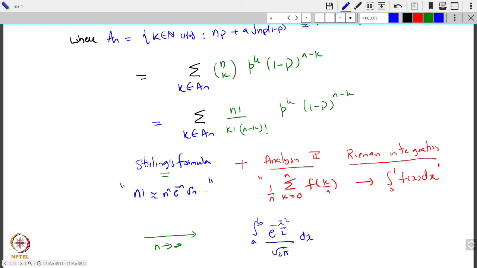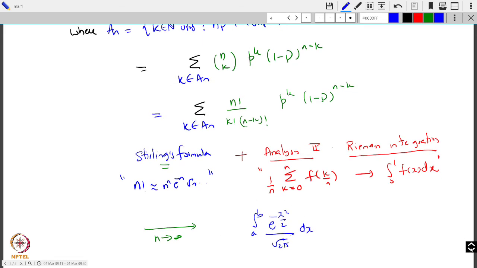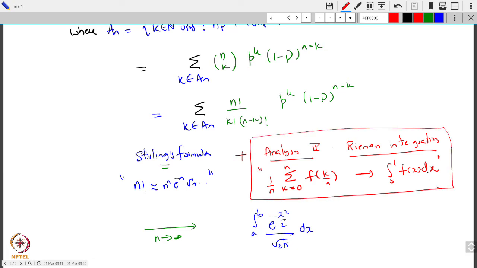So that's a big jump I'm making, that this sum will converge to this integral. It's not part of this course in some sense. I cannot show it because you need to know how to do this approximation. This is also a very well-used idea. It's non-trivial in that sense.